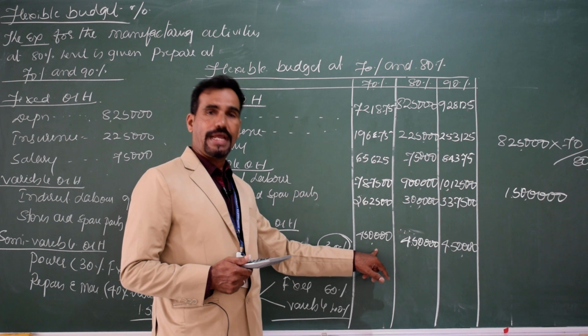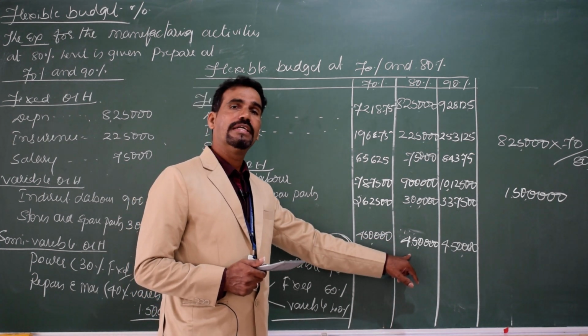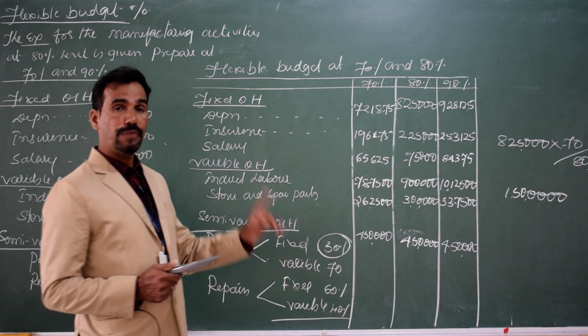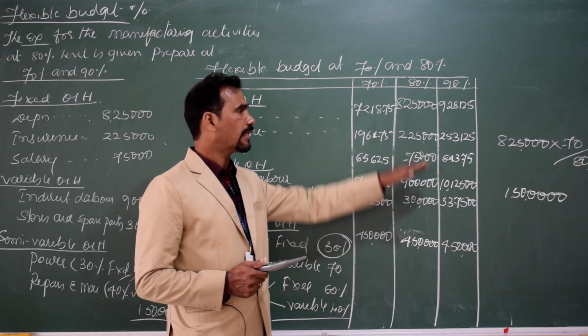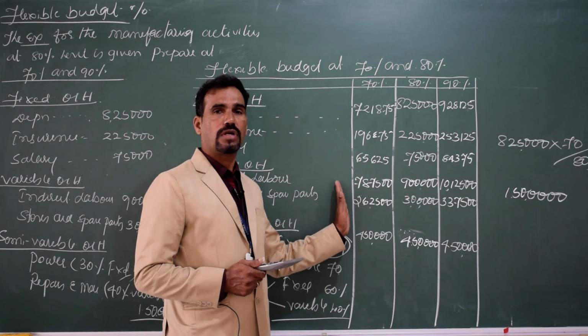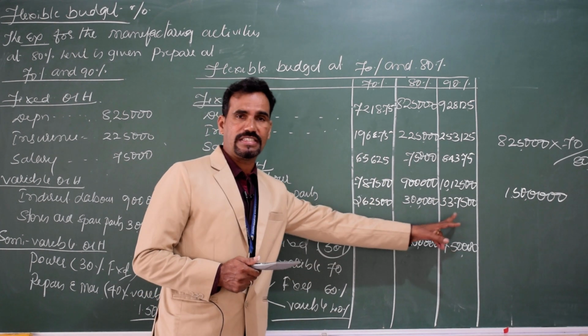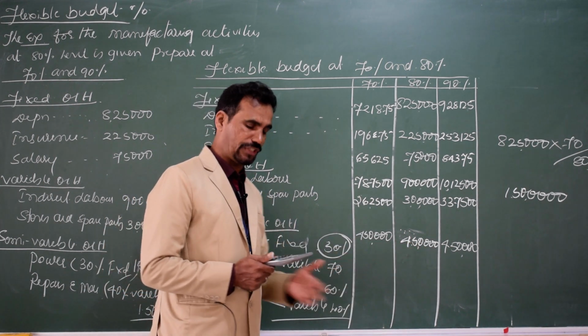But when you find the cost per unit, fixed cost per unit will change while the amount is constant. Variable cost amount will change, but cost per unit will be the same. So, when you find the CPU, cost per unit, for variable it is the same at all levels and only the amount changes. For fixed, the amount is the same but CPU will change.